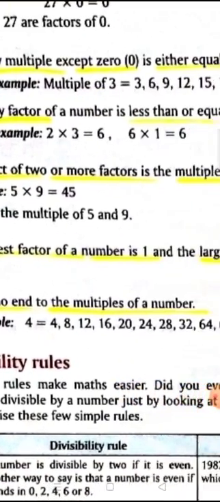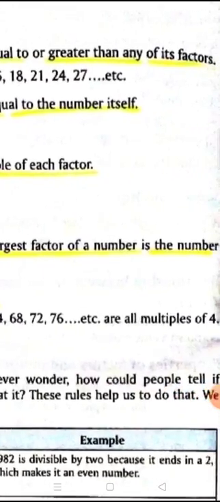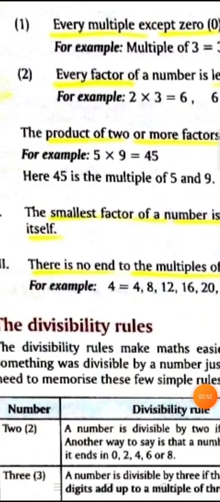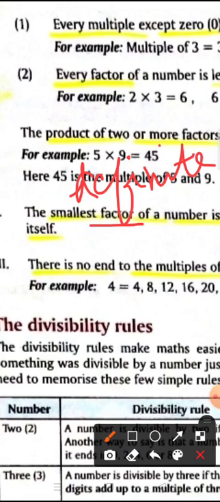The smallest factor of a number is 1 and the largest factor of a number is the number itself. It means factors are definite, whereas multiples are infinite. It has no limit.